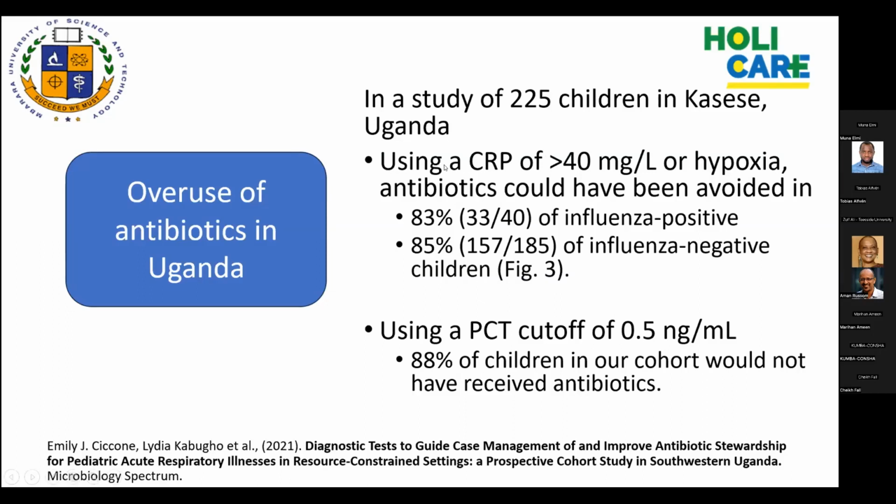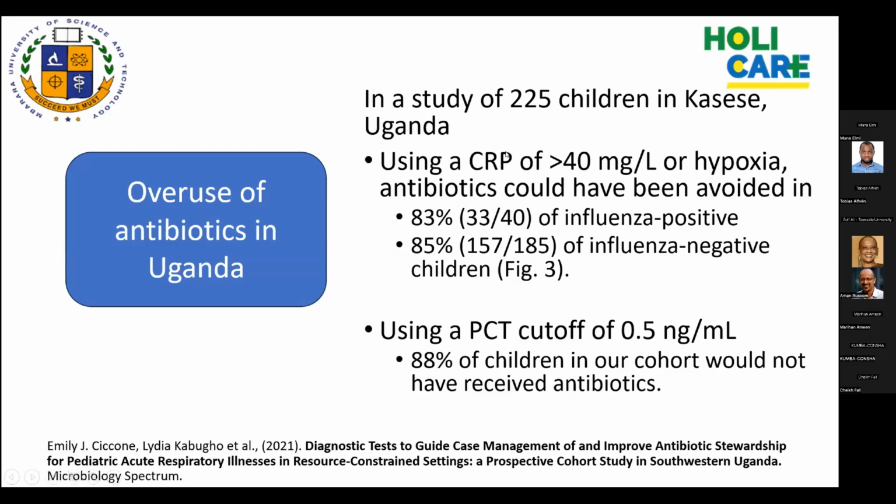They were able to do CRPs and procalcitonin for these children who had come in with a respiratory tract infection, so they were doing tests, but letting the clinical teams provide the care.